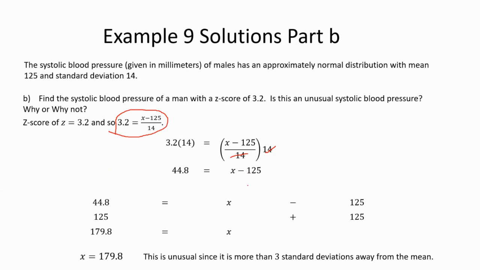Next, to get x all alone, we have x minus 125. We want x all alone, so we add 125 to both sides, and that's what we're doing here. These cancel. We get x all alone on the right, and on the left, we get negative 179.8.